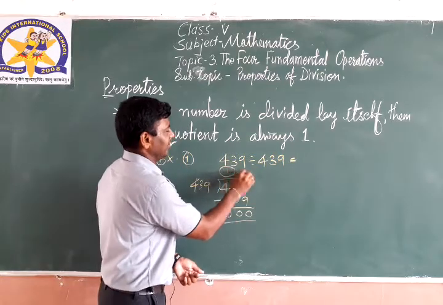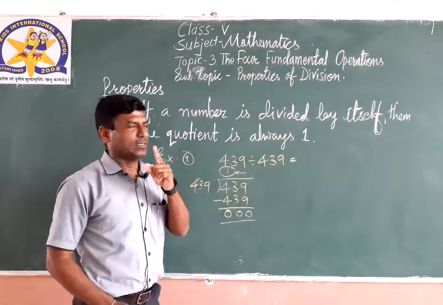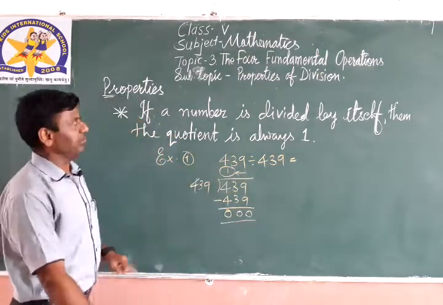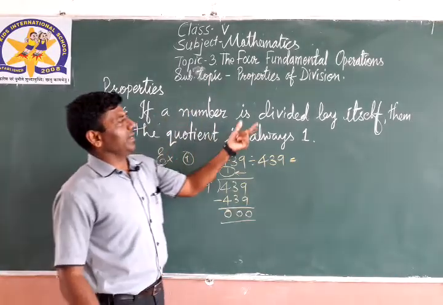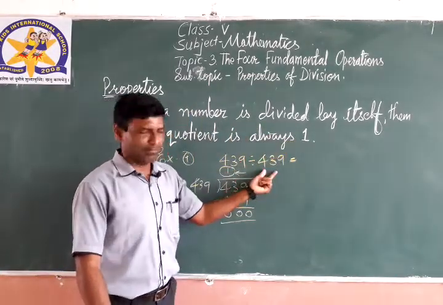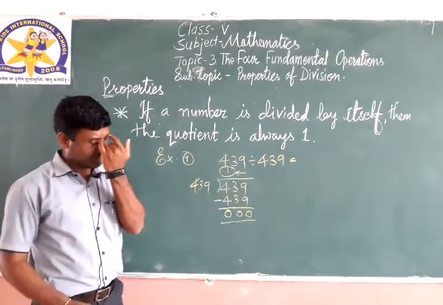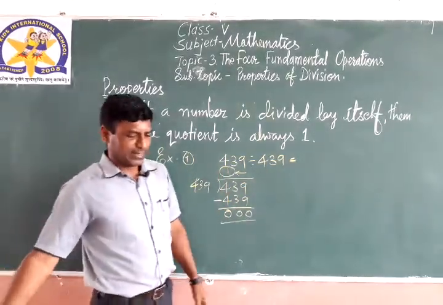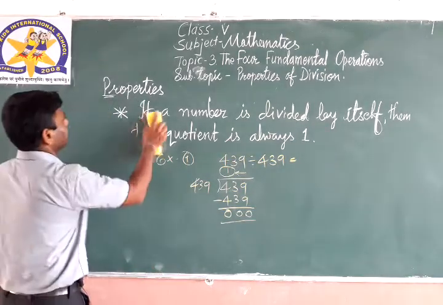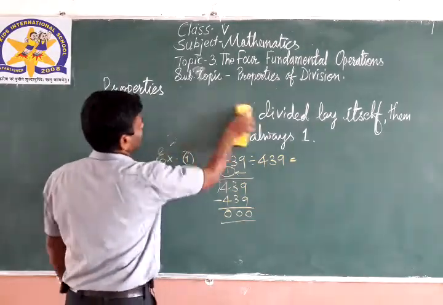What is the quotient or answer? That is 1. This is the second property of division: if a number is divided by itself, then the quotient is always 1 except 0. Understand?